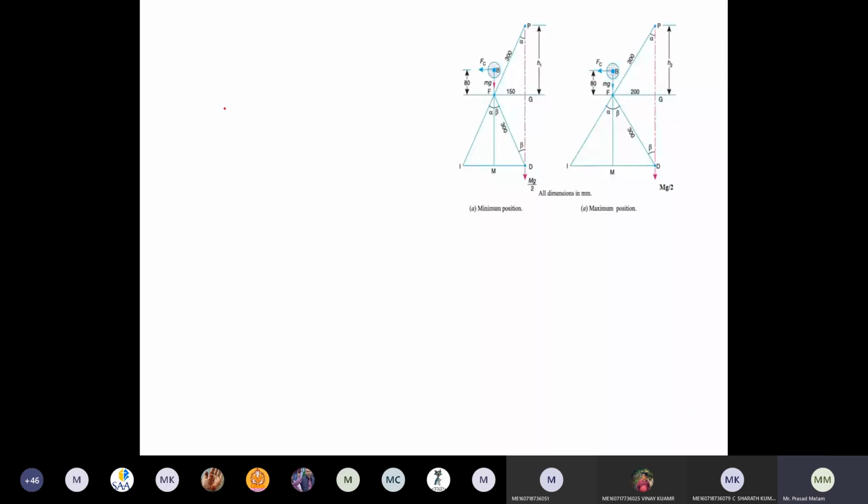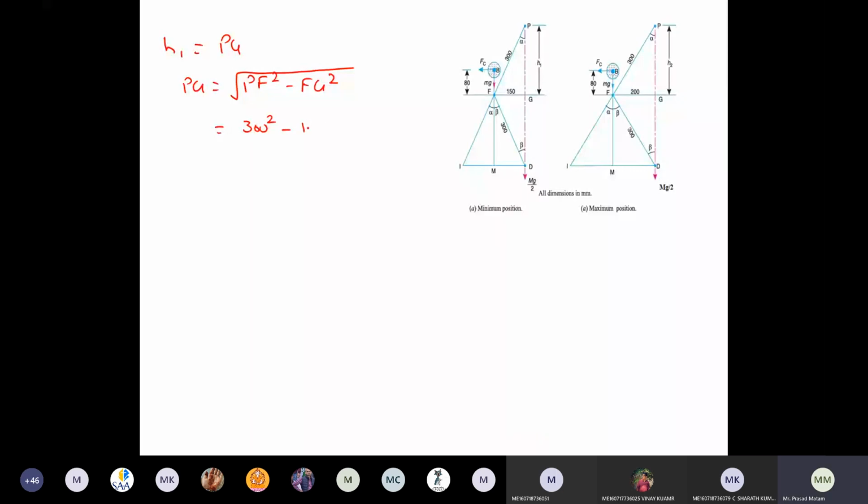Now tell me how to find h1 here from this diagram for the minimum position. Use the trigonometric relations. h1 is equal to PG. How to find the h1 value? Use Pythagoras theorem. What is PG now? PG is nothing but the square root of PF square minus FG square. What is the PF value? 300.